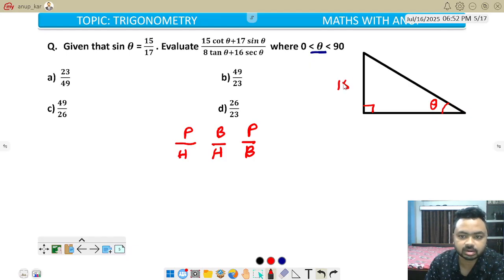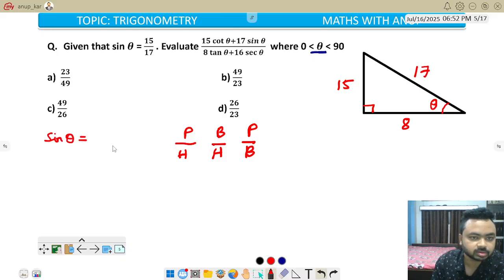It is 15, this is 17, and this will be 8 as I have calculated earlier. 15, 8 and 17 form a Pythagorean triplet, meaning it satisfies the Pythagoras theorem, that is, hypotenuse square equal to base square plus perpendicular square.